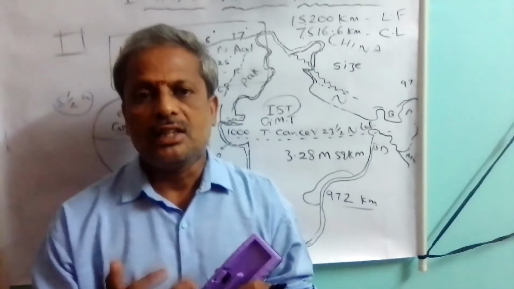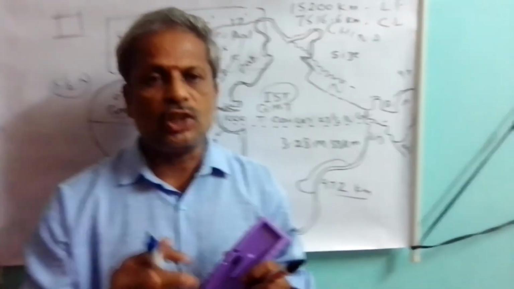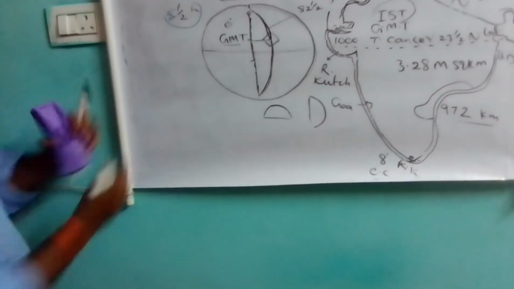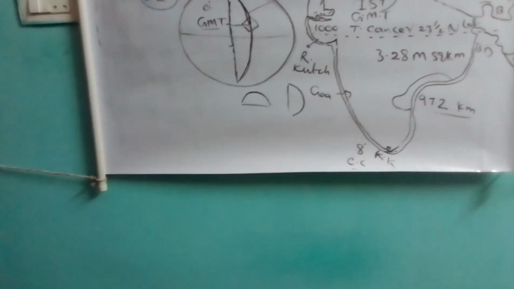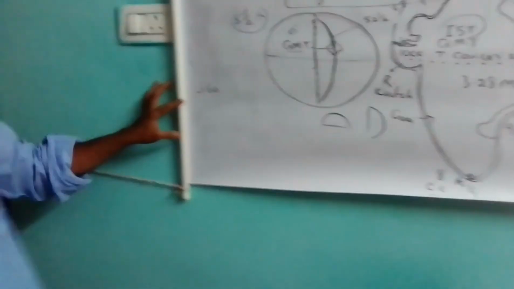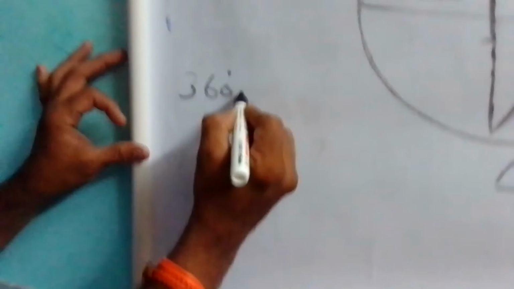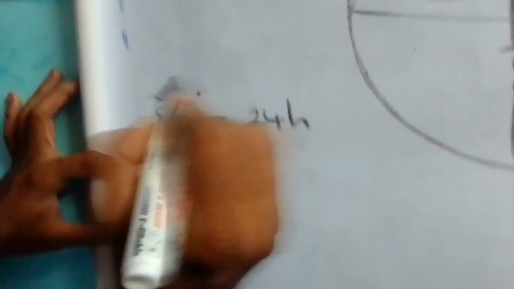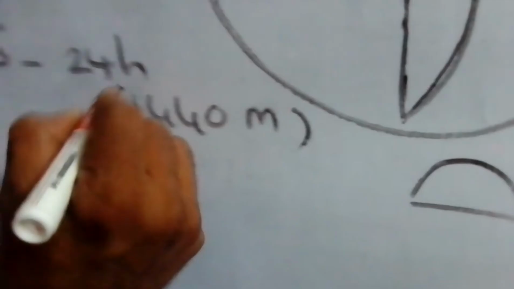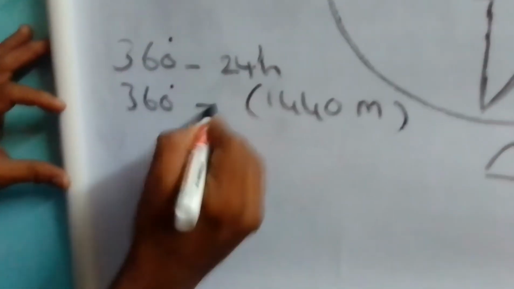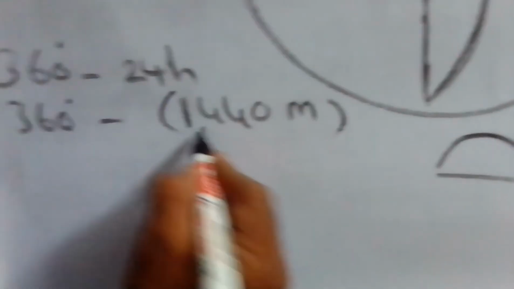When we convert 24 hours into minutes, see on the board, Earth comprises 360 degrees and 360 degrees are covered in 24 hours. It means 1440 minutes when we are converting 24 hours into minutes. So 360 degrees are covered by our Earth within 1440 minutes.